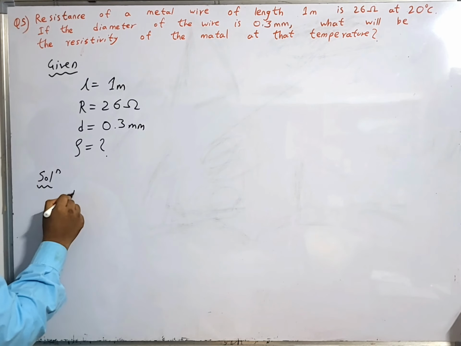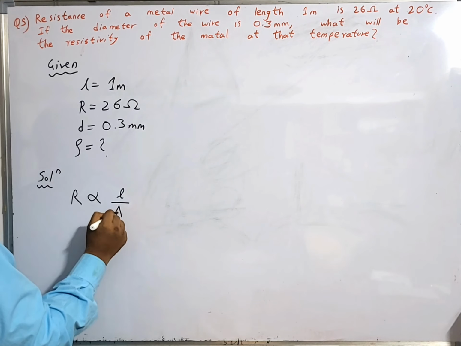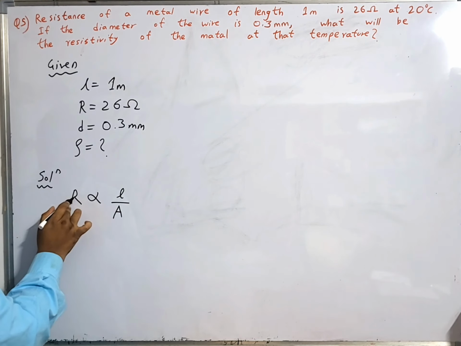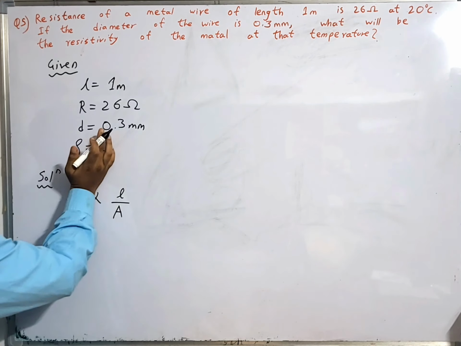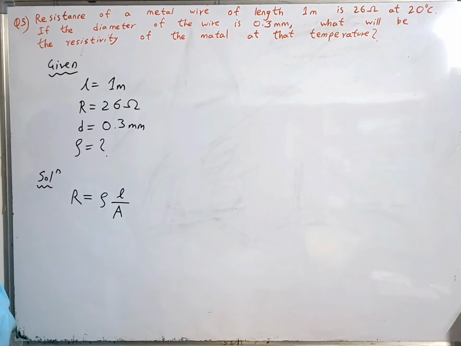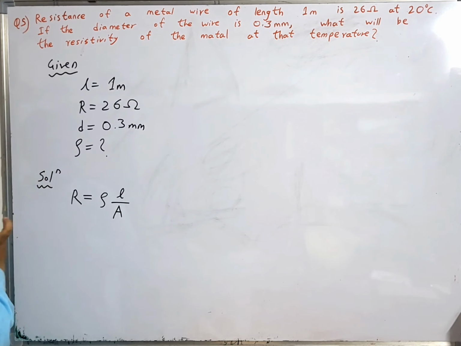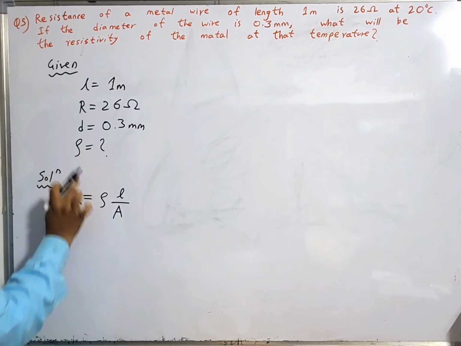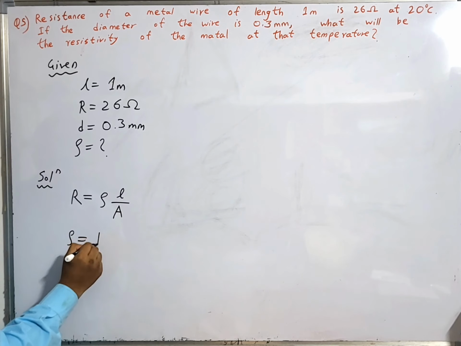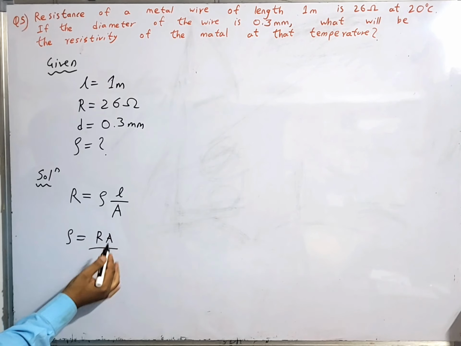Solution. Now as you know, resistance is directly proportional to the length and area of cross section of the particular wire, or particular conductor. Now we add the proportionality constant, that is rho, which is called resistivity of that particular material. Now we are going to find out this resistivity. So rho is equal to R A upon L. Here area of cross section is given.